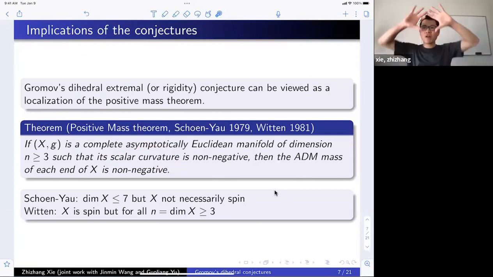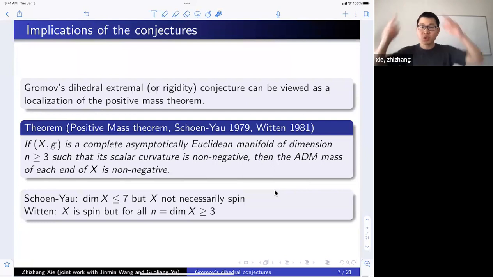So now you have a manifold that is completely Euclidean outside, and inside the scalar curvature is non-negative and somewhere positive. Then you cut out this non-trivial region, just throw the Euclidean part at infinity away.